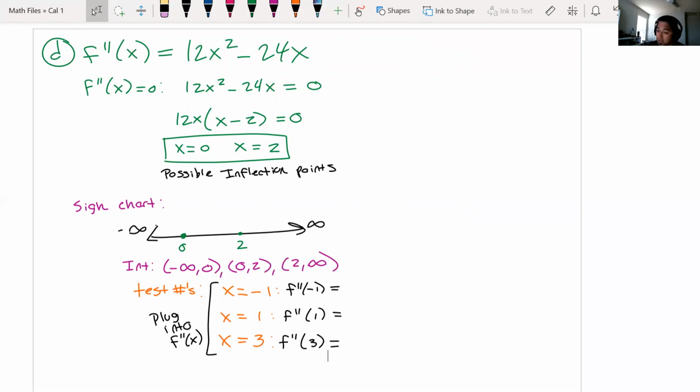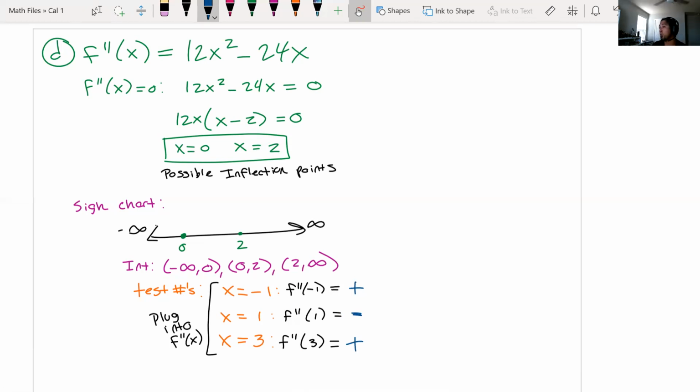Is it positive or negative? If I plug in negative 1, that's positive 12 plus 24, so we'll get positive. If I plug in 1, that's 12 minus 24, so that's negative. If I plug in 3, that's 9 times 12 minus 24, which is positive.